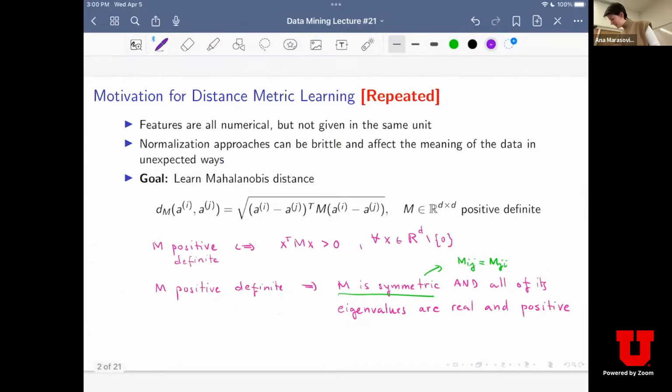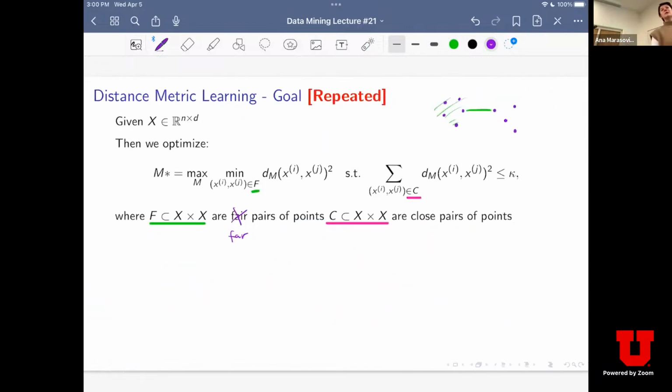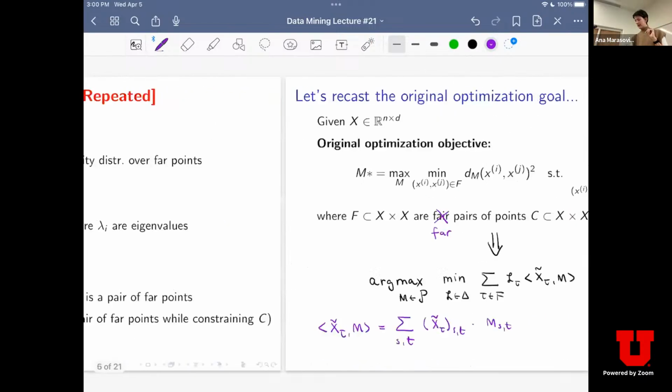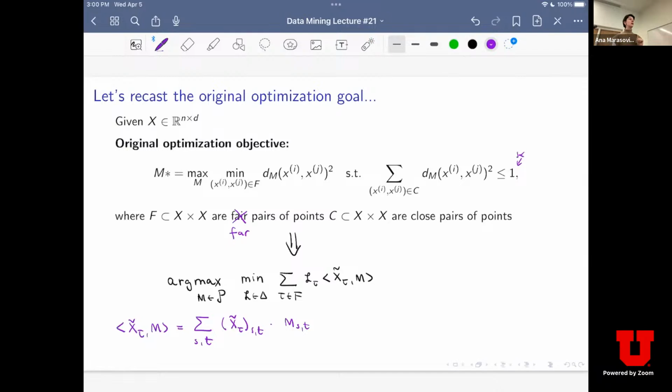And okay, I think that's the last one. So if you see fair, I mean far, feel free to remind me that you see it again so we can cross it out. Yeah, and to repeat again, we don't know what far points are yet. It's kind of a thing we are going to figure out.